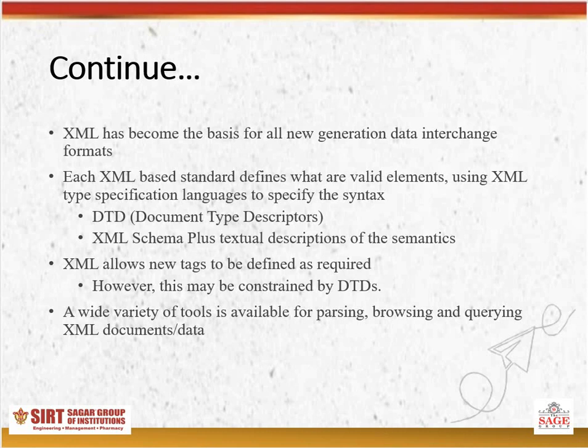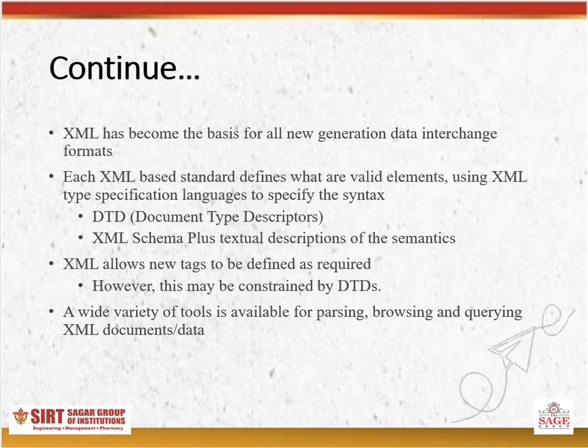As XML contains user-defined tags and elements, it becomes necessary to provide a particular standard so that every user and developer understands it. For these specifications and to validate the document, two things are provided, that is document type definitions and XML schema, that we will see in another lecture.